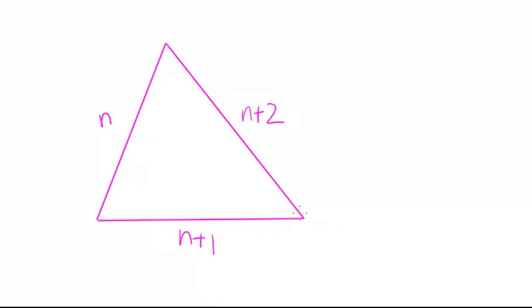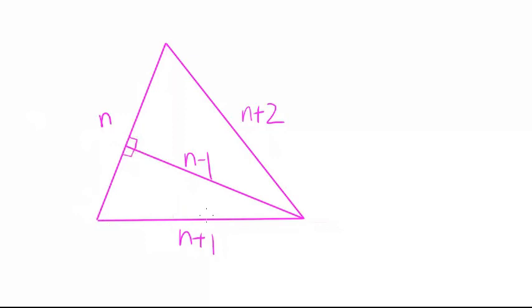If that's not enough, this has to be n minus 1. Like this is n minus 1. It doesn't matter, but this is an altitude, one of the altitudes.